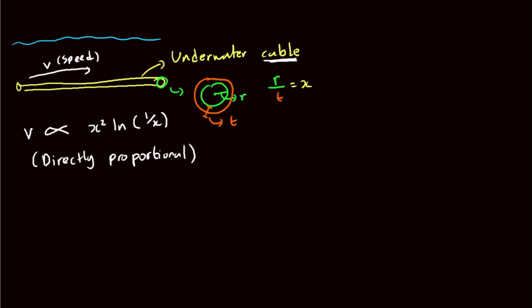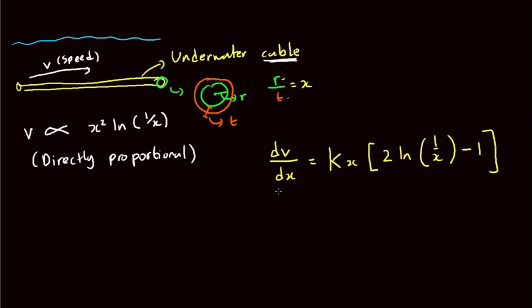And now the question wants us to show the relationship between the speed and this ratio of radius to thickness, so dv over dx is equal to k x times 2 ln 1 over x minus 1.